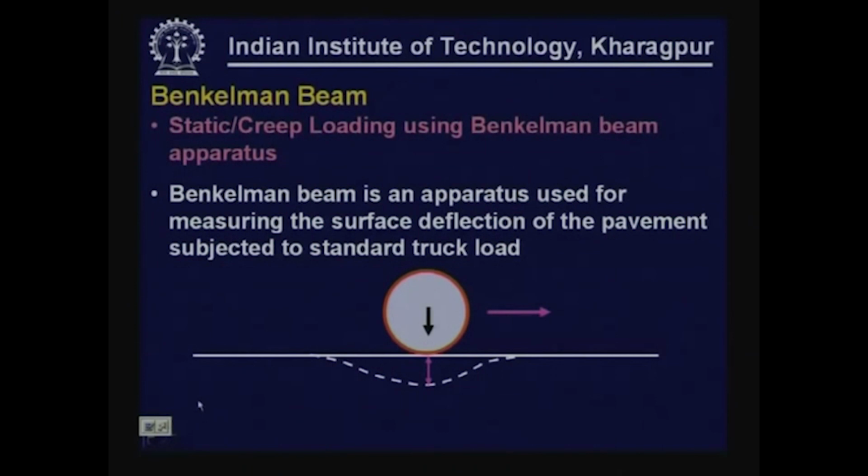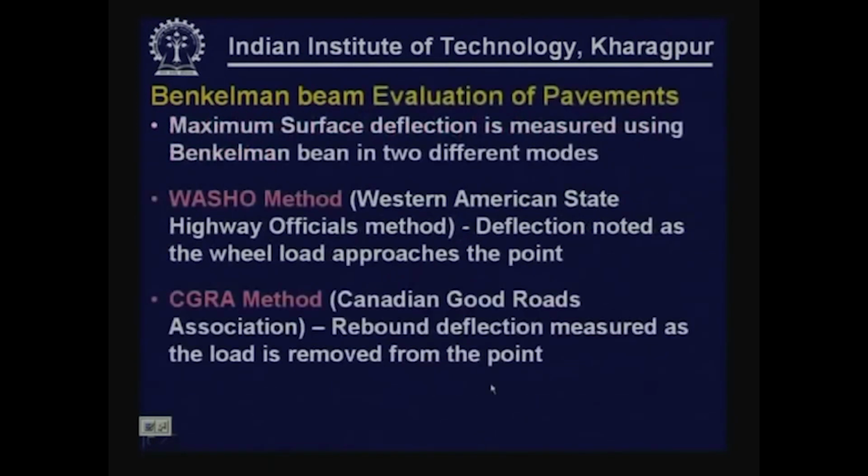As you can see here, what we are going to measure is either the maximum deflection when the load is applied or the maximum rebound deflection when the load is removed. So, maximum surface deflection is measured using the Winkleman beam in 2 different modes.